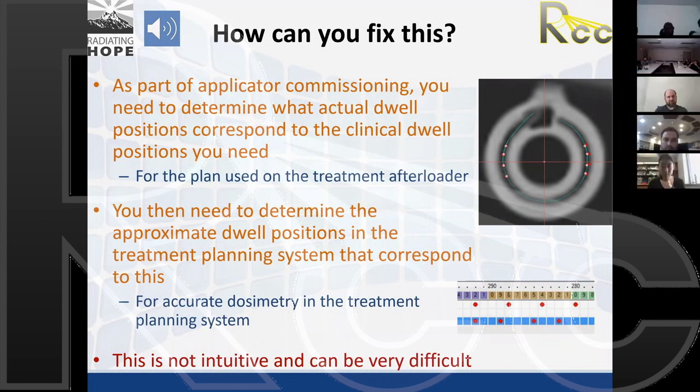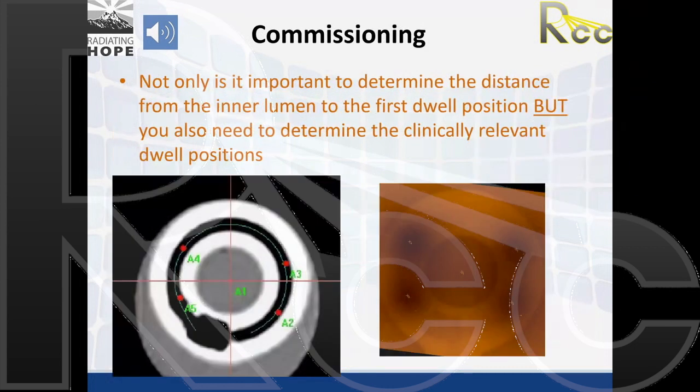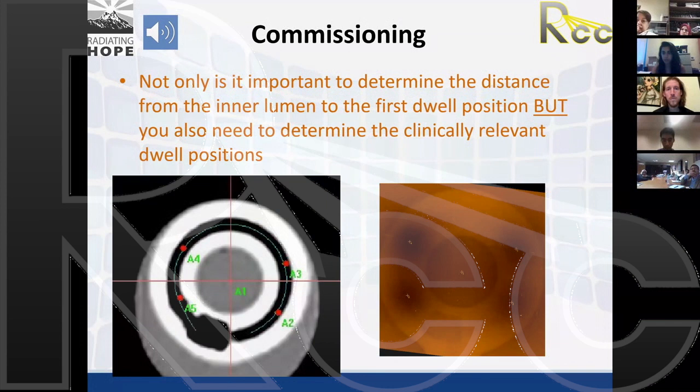So as part of applicator commissioning, particularly for a ring applicator, not only is it important that we determine the distance from the inner lumen of the applicator to the very first dwell position, but we also need to determine what the clinically relevant dwell positions are going to be for our patients using this applicator. This is different than most of our applicators.